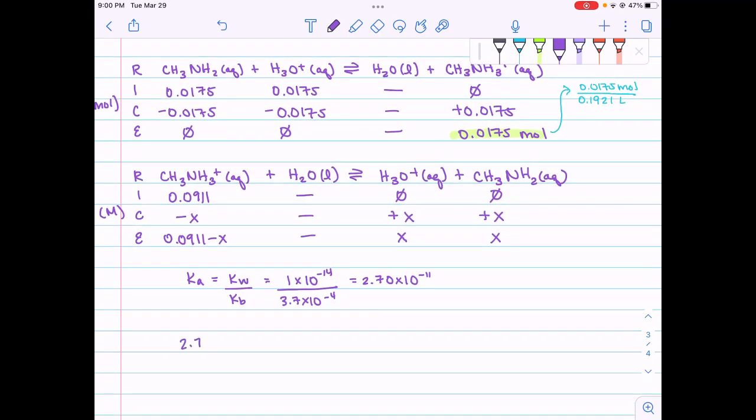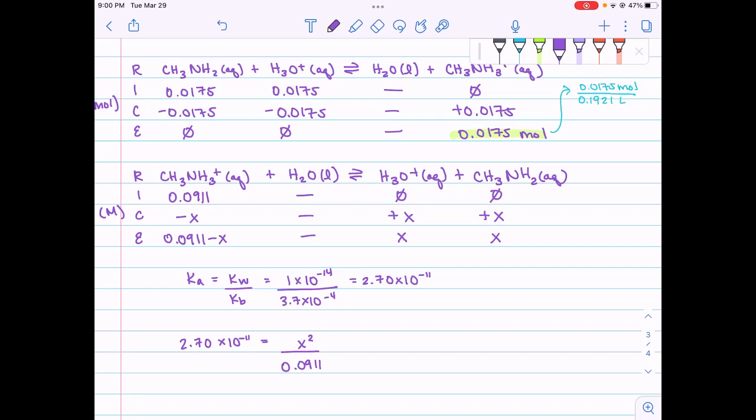So we're going to set Ka equal to our products, which is just x times x, or x squared, divided by our reactant, which is 0.0911 minus x. But because our Ka is so much smaller than 0.09, we're going to neglect that minus x.